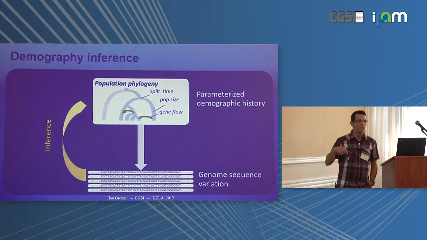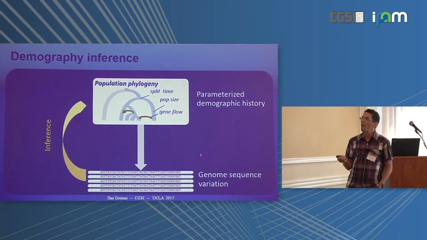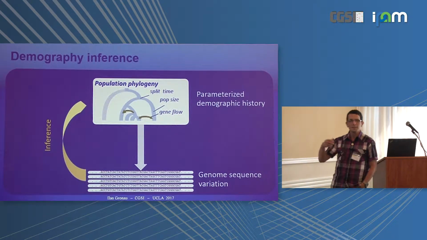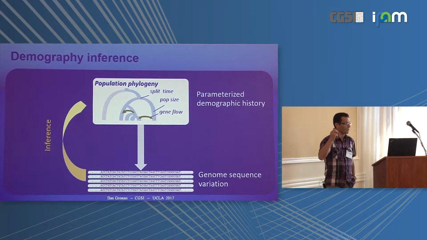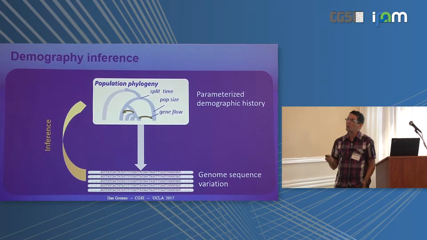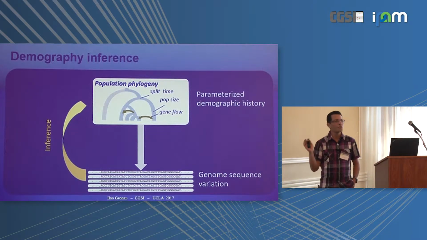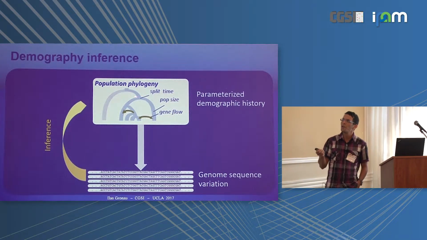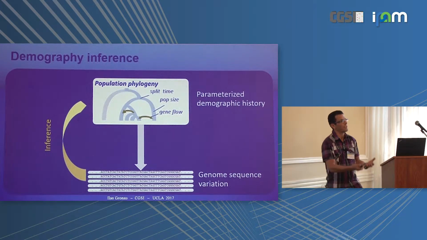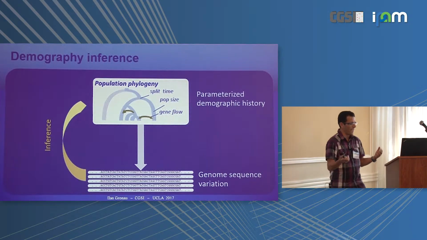When I talk about a demographic model, it's going to be something like this. Different people have different notions of what a model is, but this is something I find quite useful. I'm going to describe a demographic model as a tree where my leaves are populations that I can see in present day.